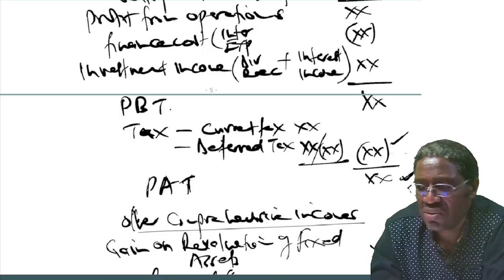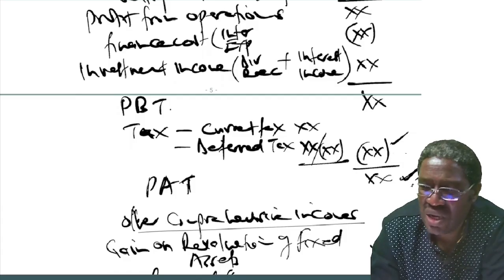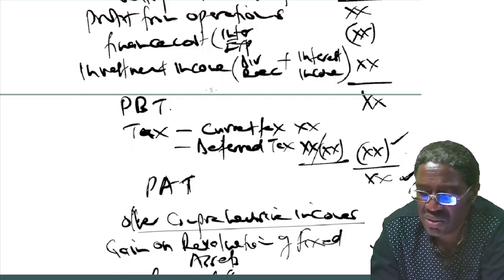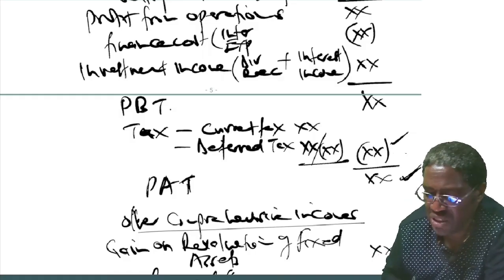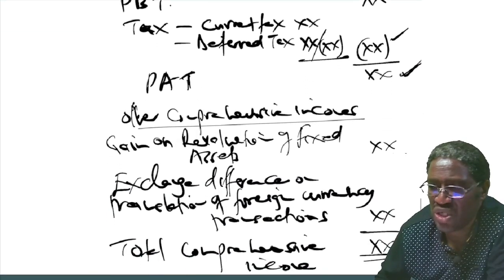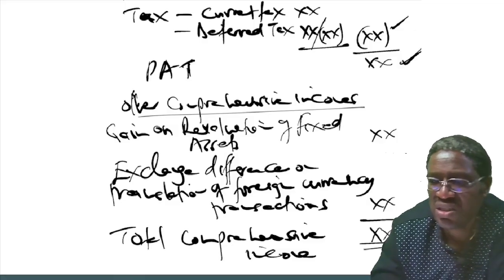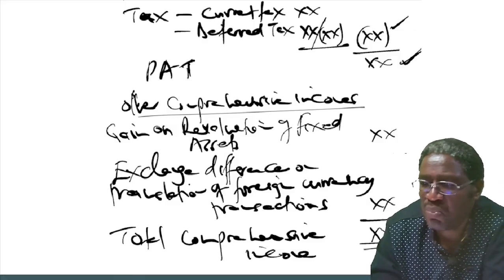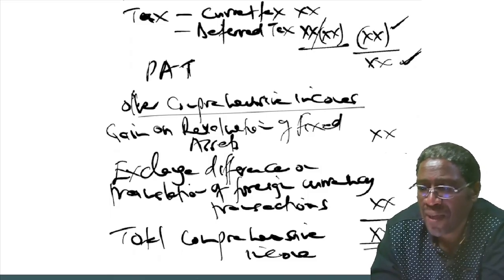Once you get the profit after tax, now you go to the section called other comprehensive incomes. You can copy, there is no need to change anything. We have given two examples of other comprehensive incomes, one of them being gain on revaluation of fixed assets.